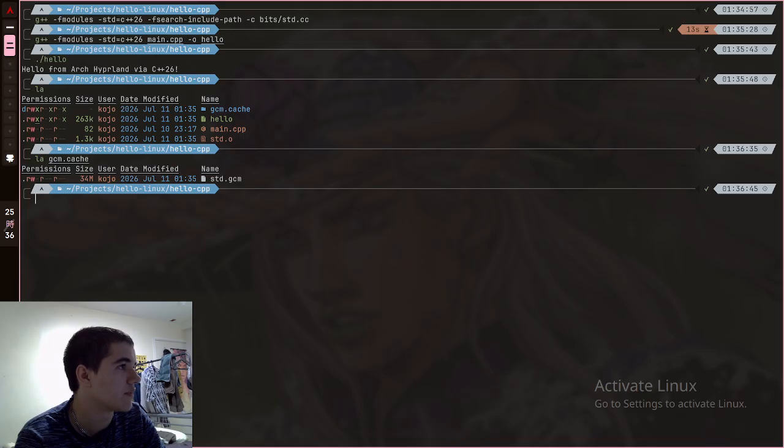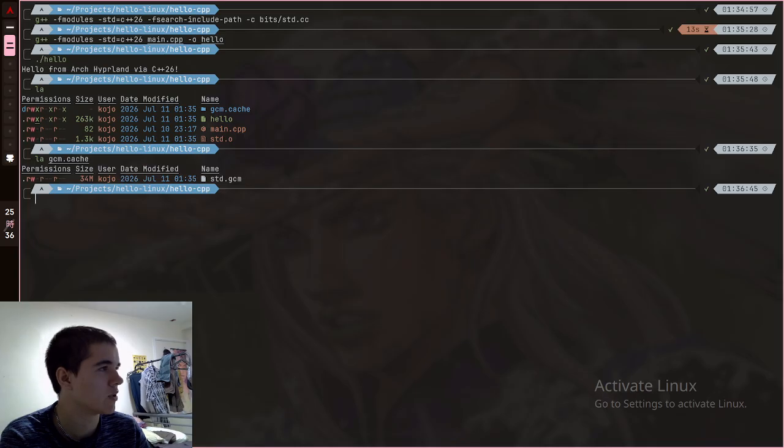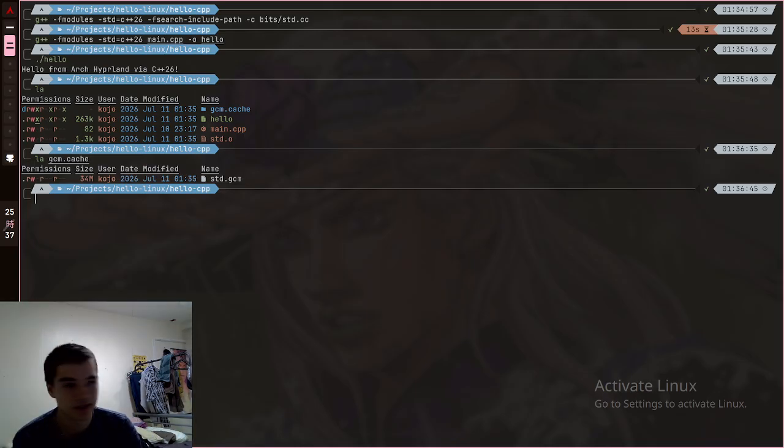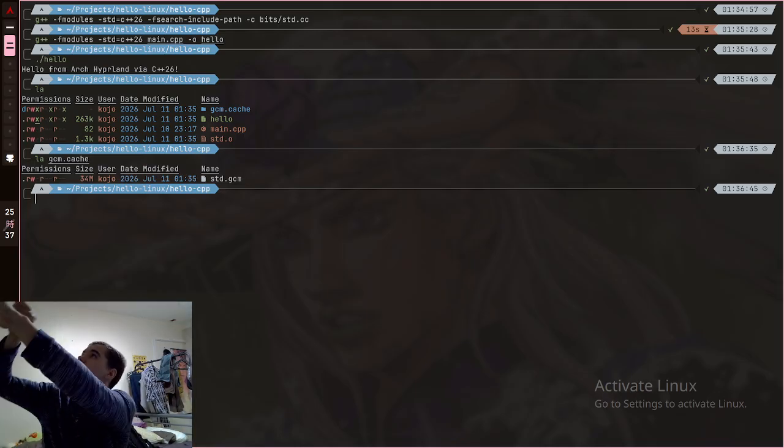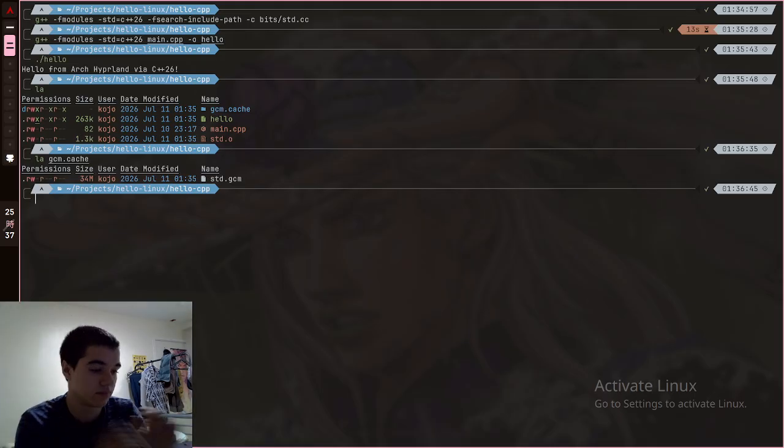It's fine though. 34 megabytes. Is that actually the entire standard library, or is it just what I'm using, and it compiles it as I go along? I don't know. But cool. We'll just work in it.